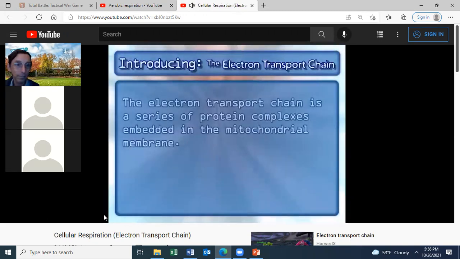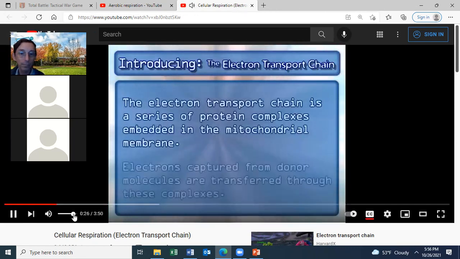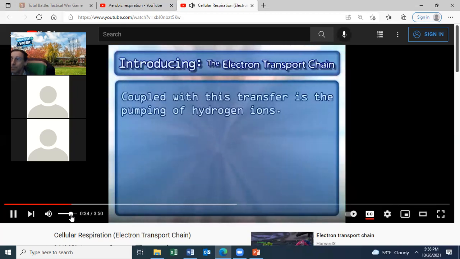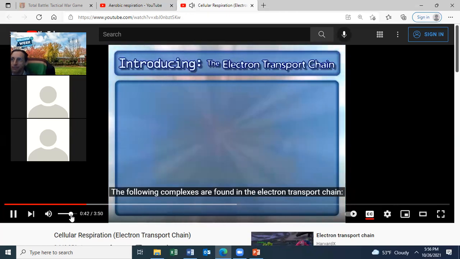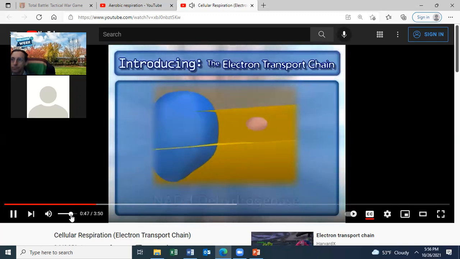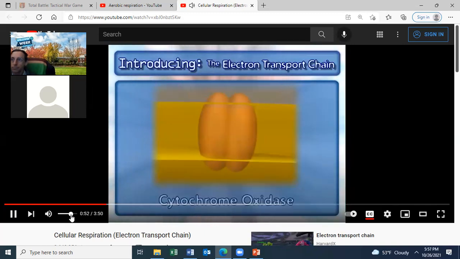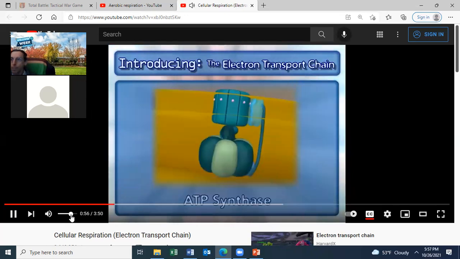The electron transport chain is a series of protein complexes embedded in the mitochondrial membrane. Electrons captured from donor molecules are transferred through these complexes. Coupled with this transfer is the pumping of hydrogen ions. This pumping generates the gradient used by the ATP synthase complex to synthesize ATP. The following complexes are found in the electron transport chain: NADH dehydrogenase, cytochrome BC1, cytochrome oxidase, and the complex that makes ATP, ATP synthase.